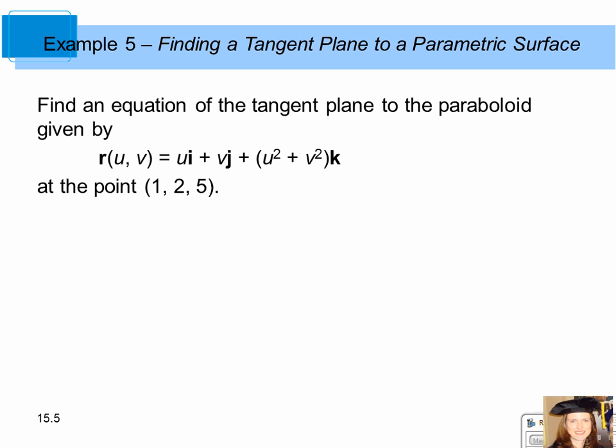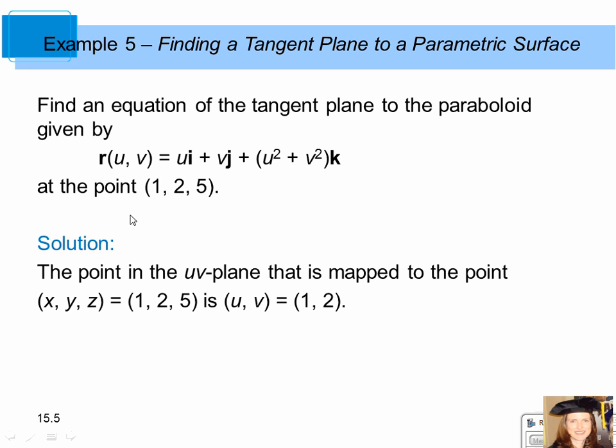To find that normal vector, you're going to take the partial derivative of r with respect to u and r with respect to v. Now in this case, x is equal to u and x is equal to 1, so u is equal to 1. y is equal to v, and at the point y is equal to 2, so v is equal to 2 at that given point.